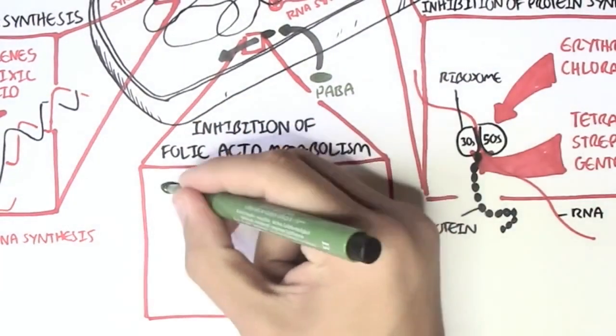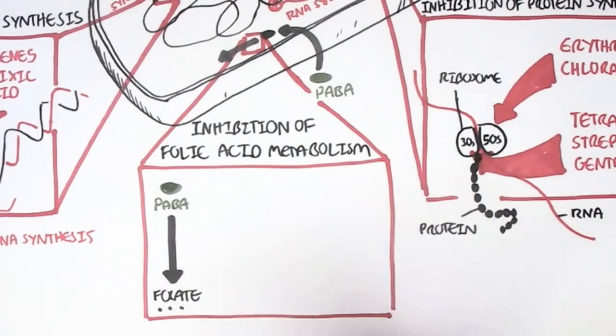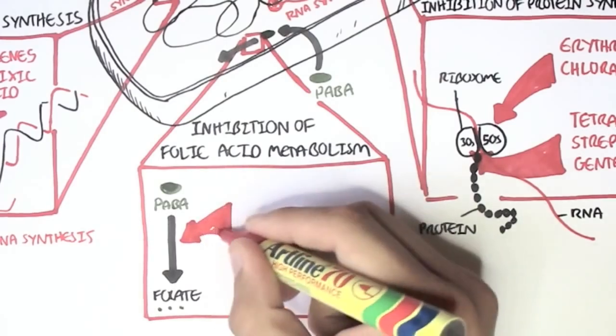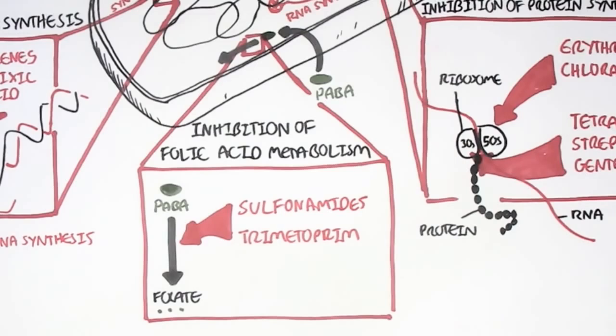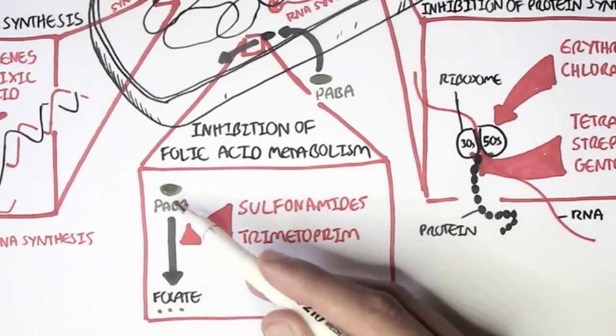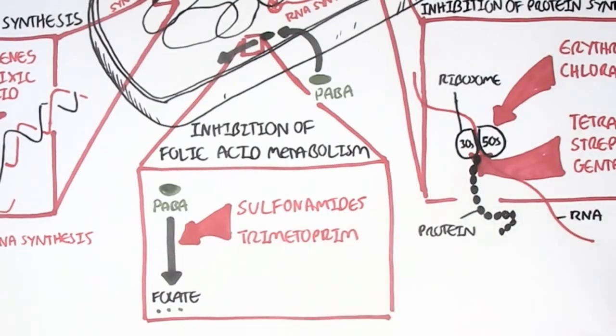PABA normally can be metabolized to folic acid within the bacteria. And folic acid, or folate, is essential for the synthesis of adenine and thymine, two of the four nucleic acids that make up DNA. These antibiotics, such as sulfonamides and trimethoprim, prevent conversion of PABA to folate and therefore prevent proper DNA synthesis, you can say.